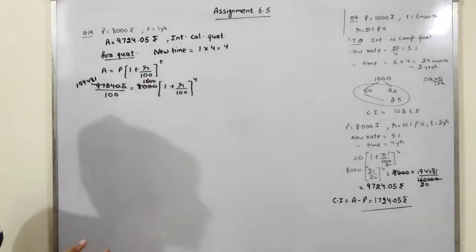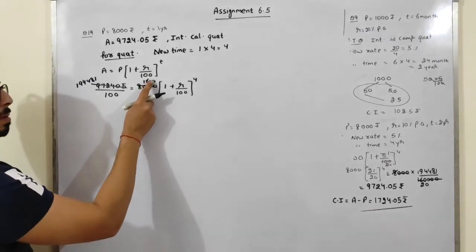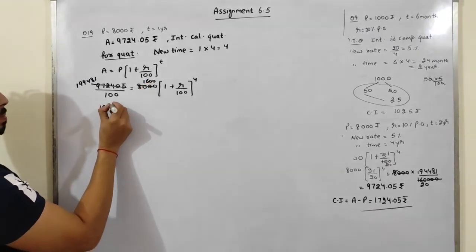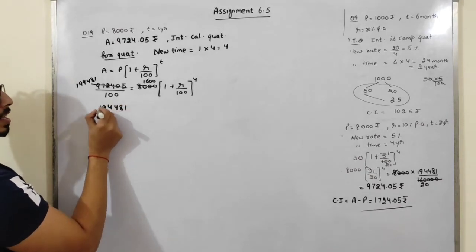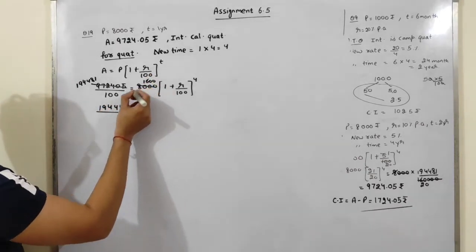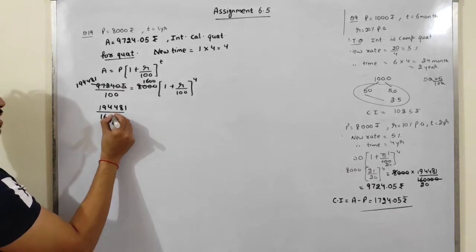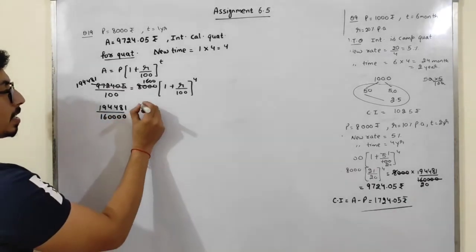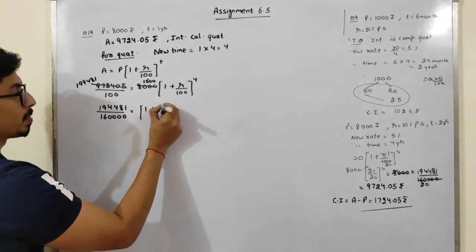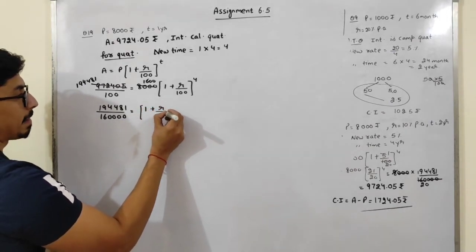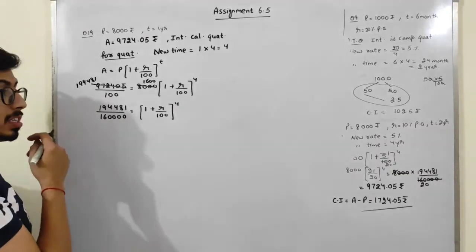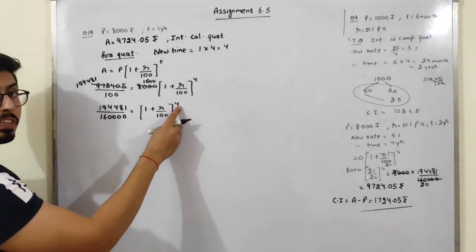Now see students, this is in multiplication and when it goes here, it will be in division. So 194481 divided by 1600 is (1 plus r upon 100) raised to the power of 4. Okay, see, what does it mean students? Here power is 4.